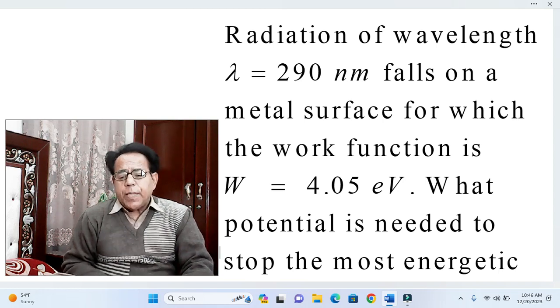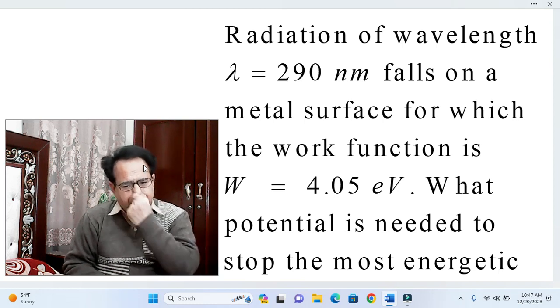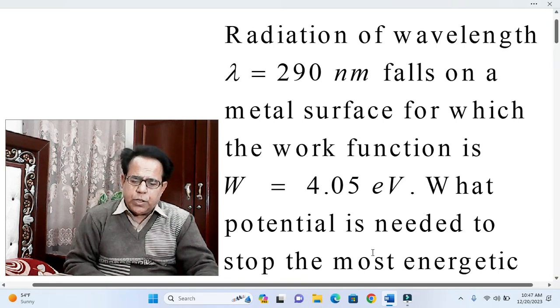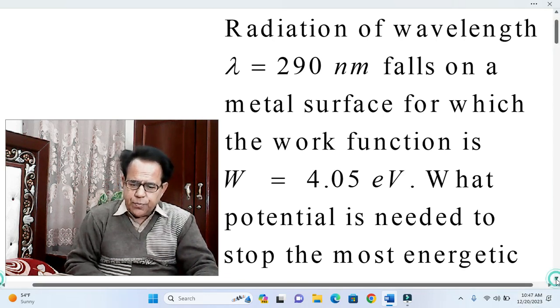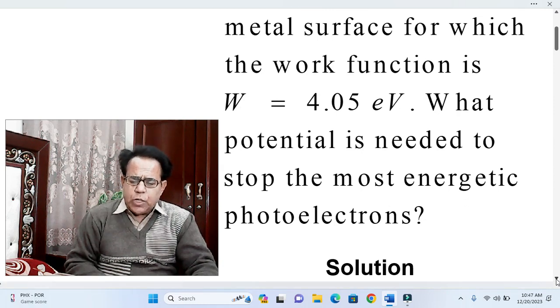Radiation of wavelength lambda equal to 290 nanometer, nano standing for 10 to the power minus 9, falls on a metal surface for which the work function is W equal to 4.05 electron volt. What potential is needed to stop the most energetic photoelectrons?